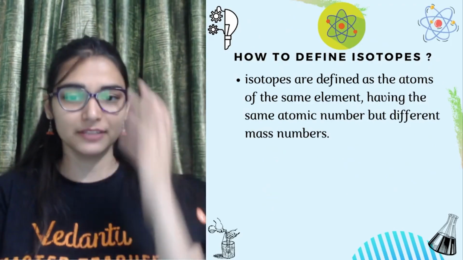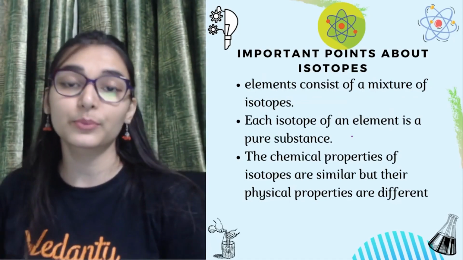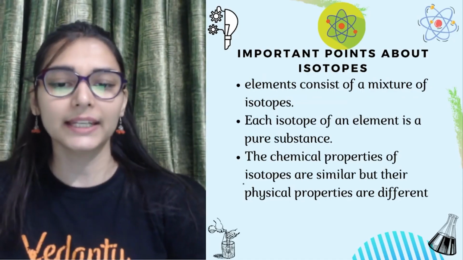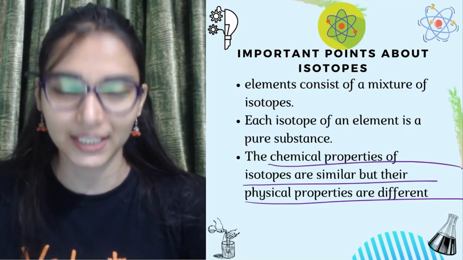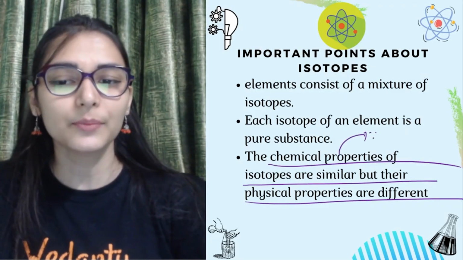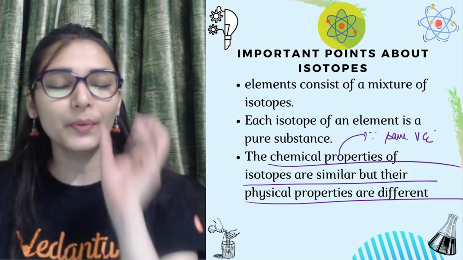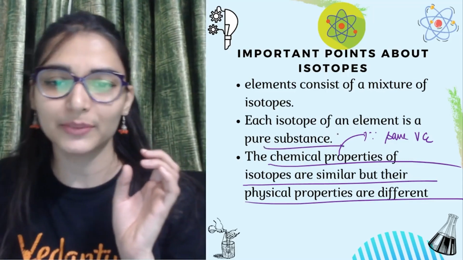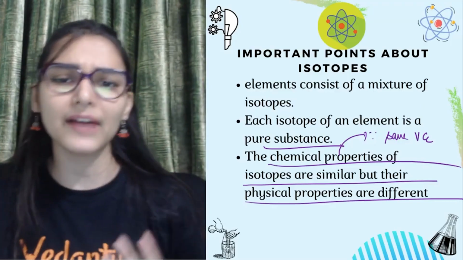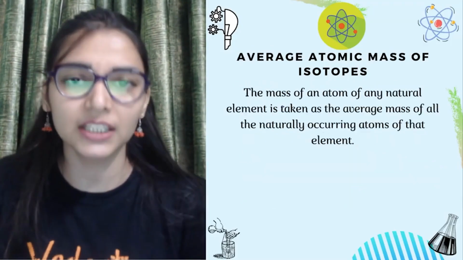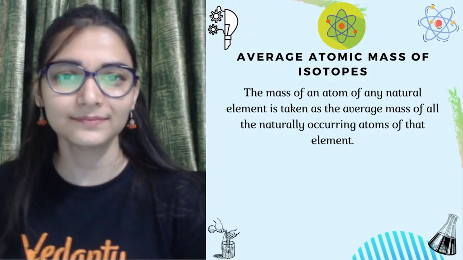Okay, so you can define it the same thing, same atomic number, different mass number. There are 2 ways to define it, but remember one thing about them, that isotopes have the same chemical properties. ठीक है, chemical properties same होती हैं because they have the same number of valence electrons. And isotopes of every element is always a pure substance and it depends on the element. Some elements have isotopes in nature, कुछ के नहीं भी होते हैं. So it's not necessarily that every element will have isotopes, right?